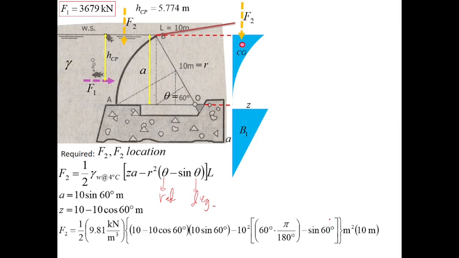Dapat naka-mode degree. Pag naka-mode degree, i-convert mo itong 16 in terms of radian. I-multiply mo ngayon ng pi over 180 degrees yung 60 degrees. Tapos, minus natin ng sine 60 degrees, which will remain in degree.